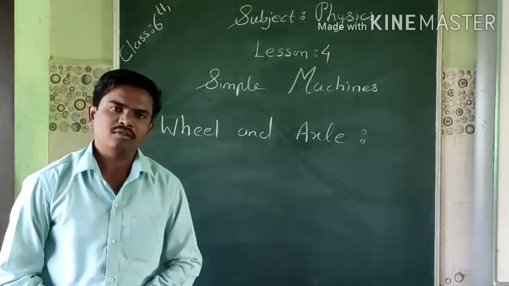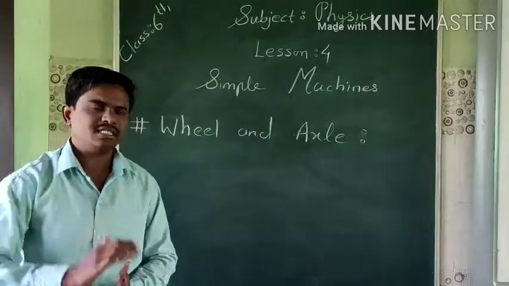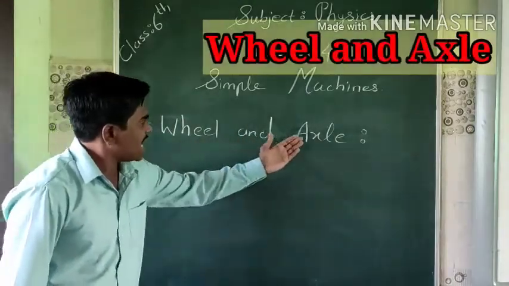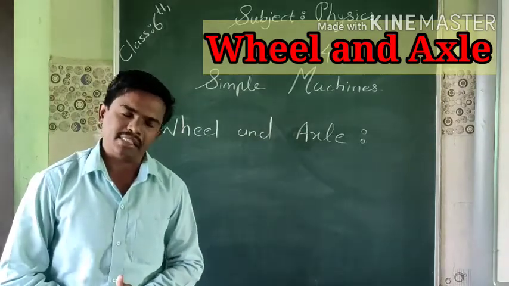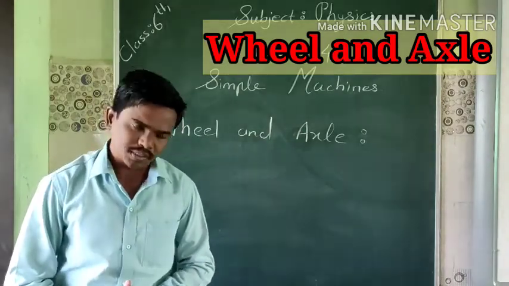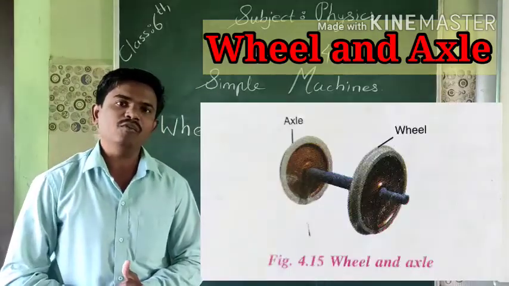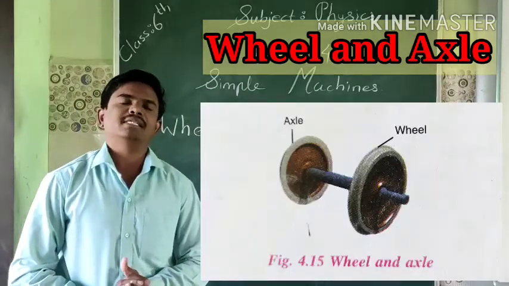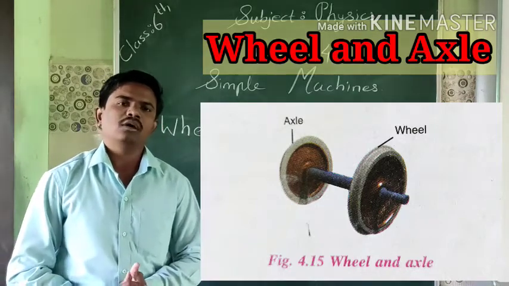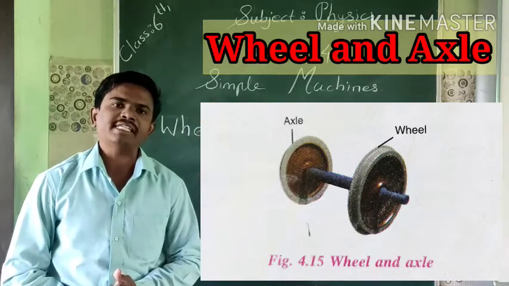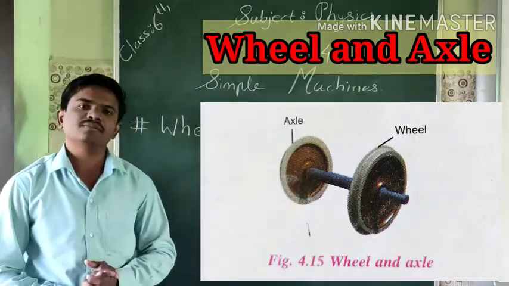Now students, we will talk about another simple machine, that is wheel and axle. A wheel and axle is also a simple machine. It consists of two wheels of different diameter attached together, or a wheel attached to an axle, that you can see in the figure.